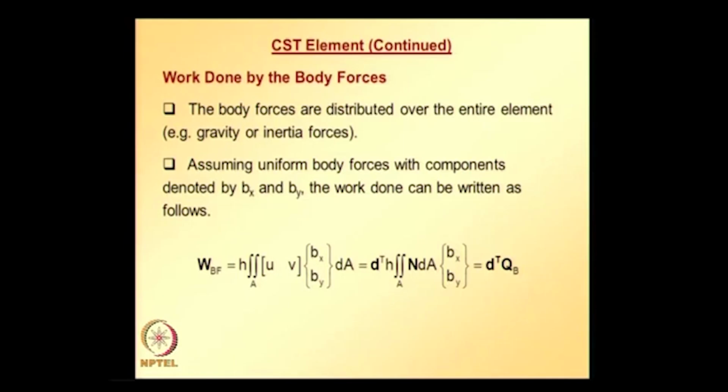Based on that we can calculate work done by the body forces using this formula, or it can be compactly written as W is equal to d transpose QB, where QB is defined as h times integral N dA times the body force, a vector consisting of body force components.